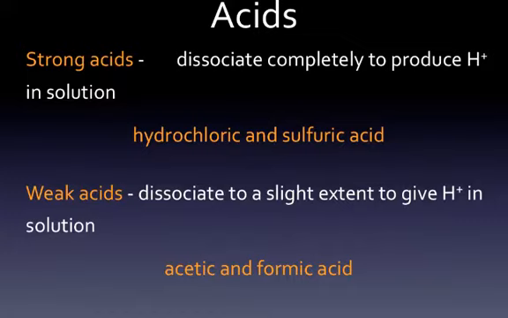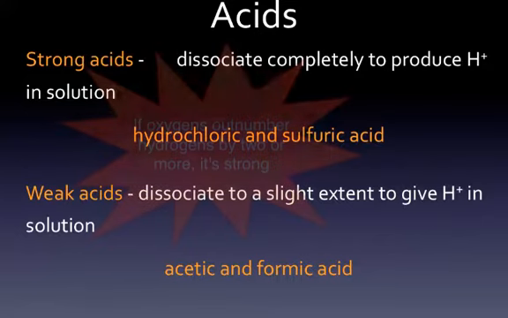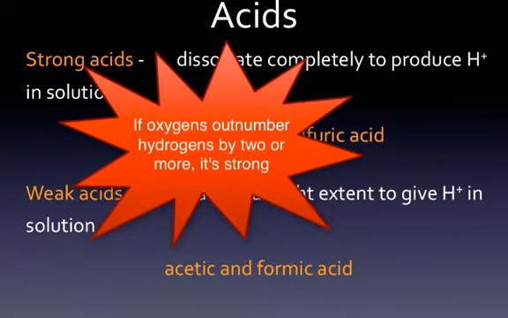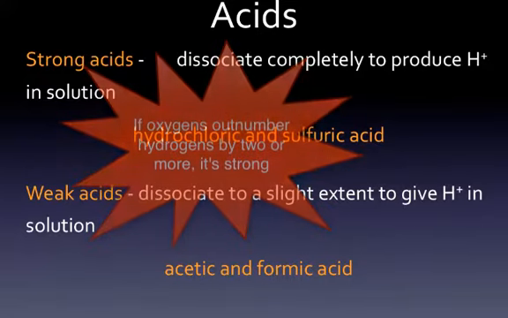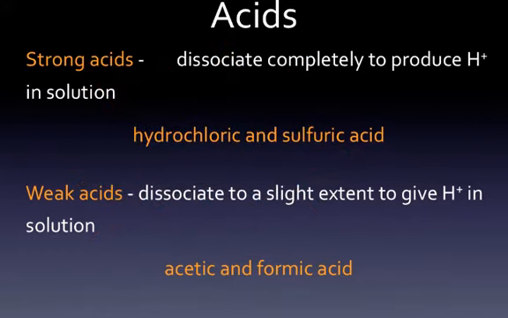The basic rule is anytime the oxygens outnumber the hydrogens by 2 or more, then it's a strong acid. But in AP Chem, you're going to see nitric acid, sulfuric acid, and then perchloric or chloric acid. Anything other than those strong acids has to be weak. So anything that is not a strong acid, HCl, HBr, HI, nitric, sulfuric, has got to be weak.